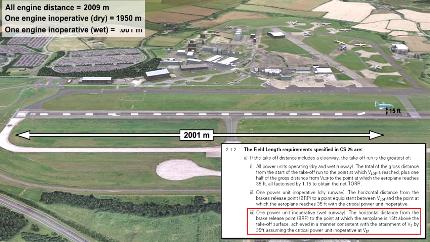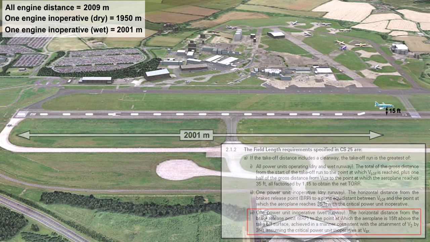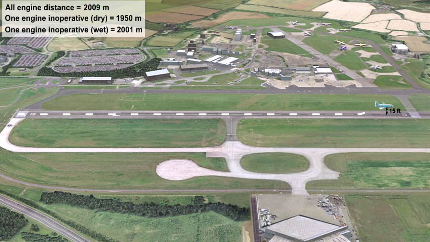Lastly, as an example, let us assume that this distance is 2,001 meters. Once these three distances have been calculated by the manufacturer, the greatest of the three is then published as the certified net takeoff run required. In our example, the net takeoff run required, therefore, is 2,009 meters.